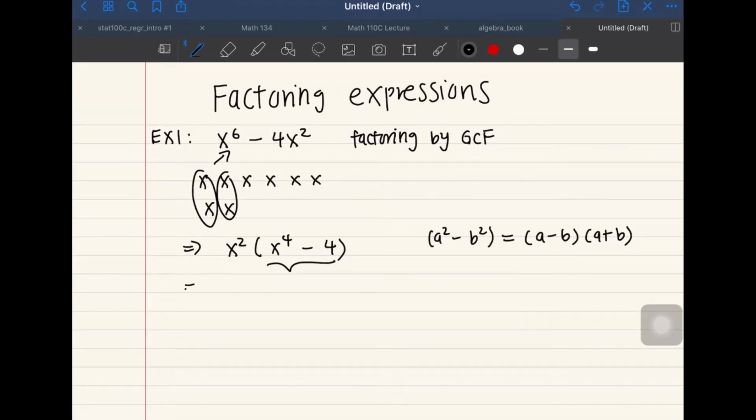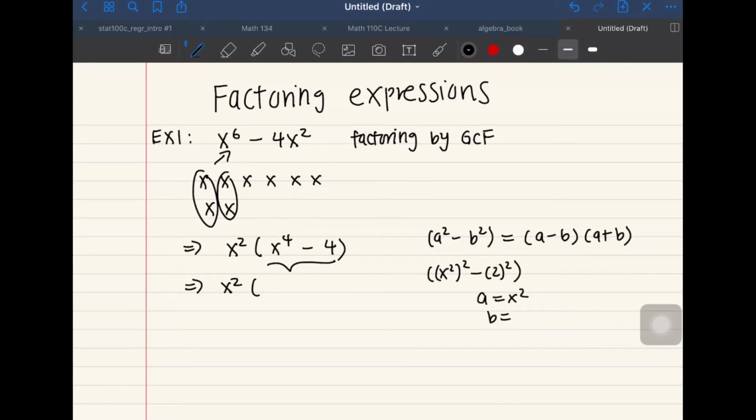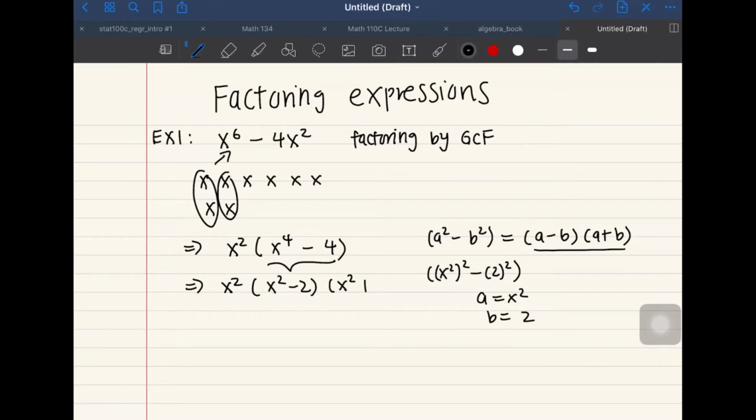Now x to the 4th is x squared squared minus 2 squared. So a is x squared and b is 2. Plugging back into the formula, we have x squared minus 2 and x squared plus 2. Because this is the simplest form, this will be our final answer.